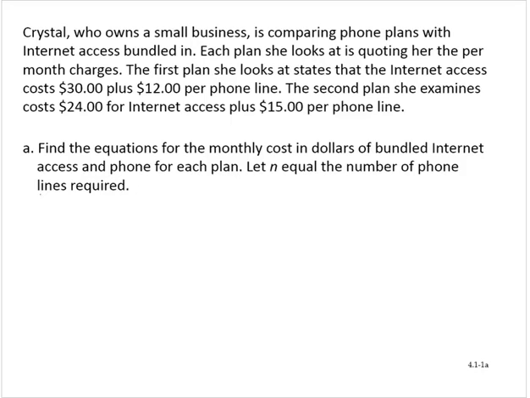Let n equal the number of phone lines required. Alright, so let's see. For the first plan, we'll call the cost C. The cost is given by the internet access costs $30 plus $12 per phone line, and we're letting n equal the number of phone lines required.